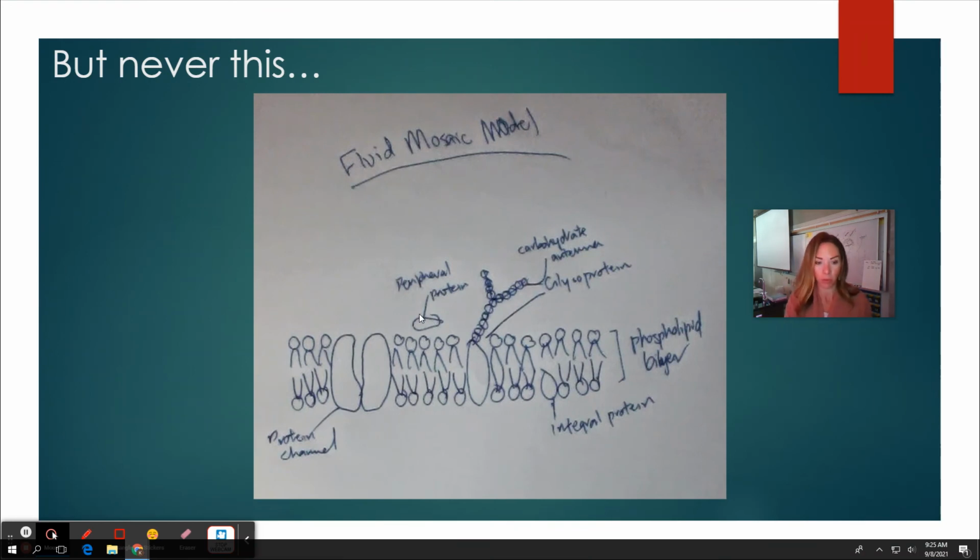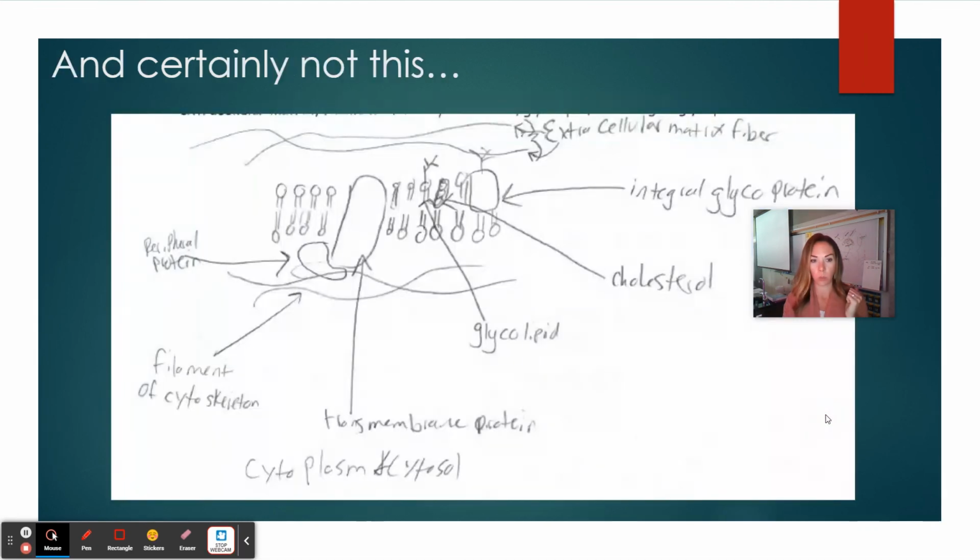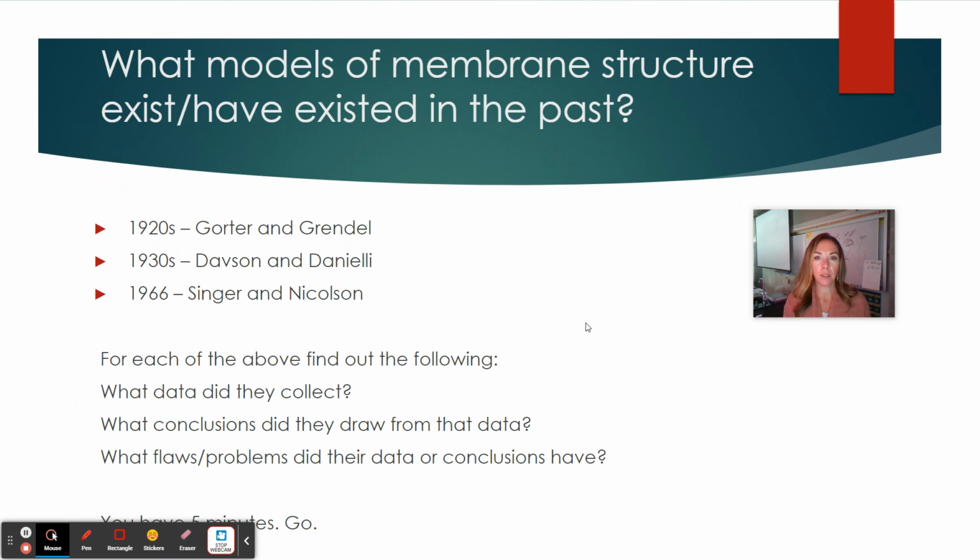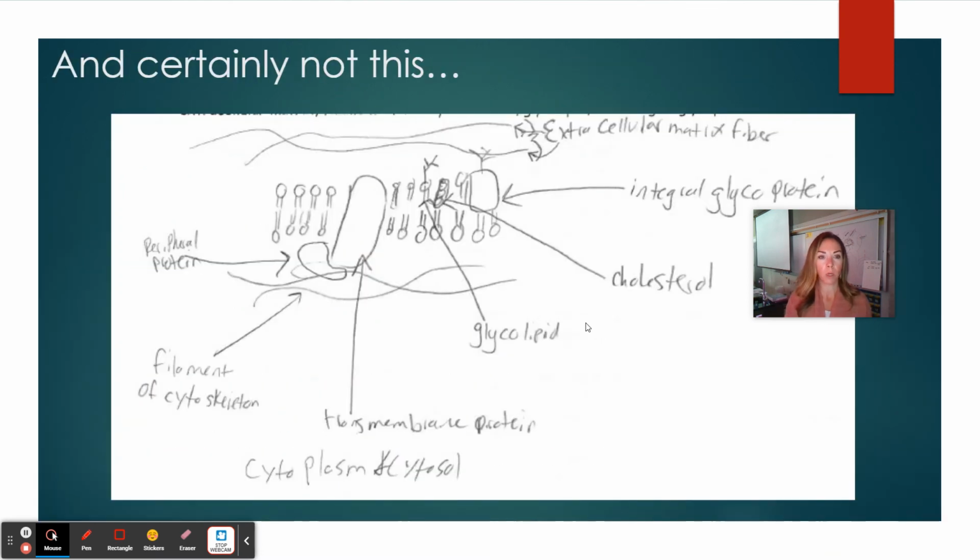The protein channel I can see here, and that one's not too bad, neither is this phospholipid bilayer. But some of these lose points because they're not attached, they're too much like complete circles, or they're not pointing exactly where they're supposed to go. I'm not going to talk about this one. No, I'm kidding, this is from last year. We're going to go back over that in class.